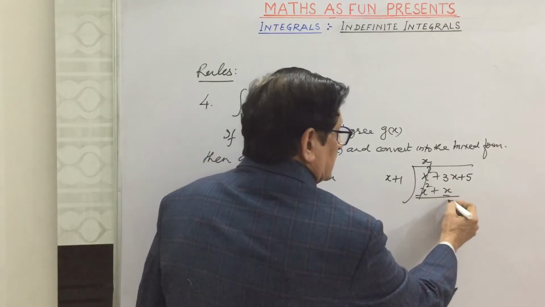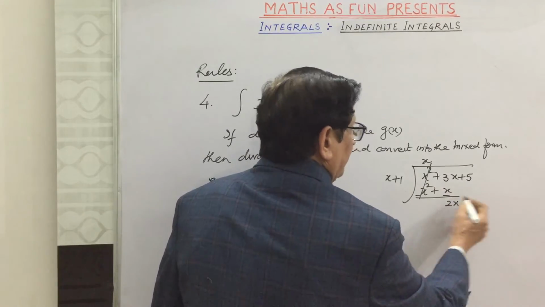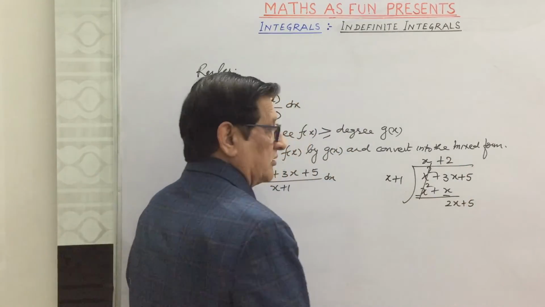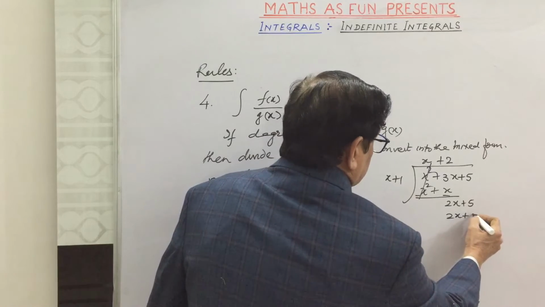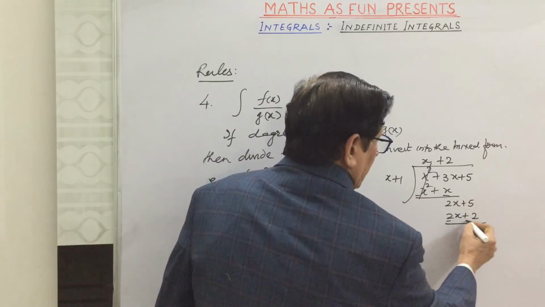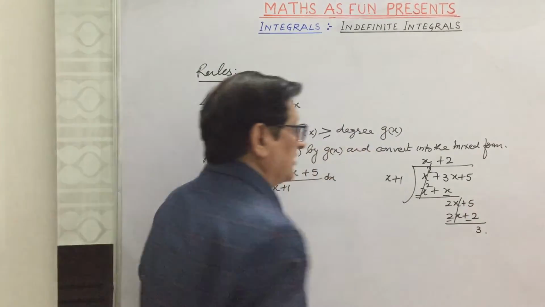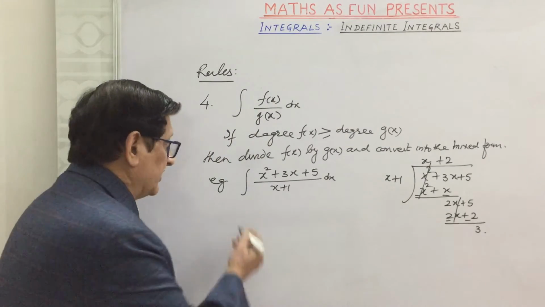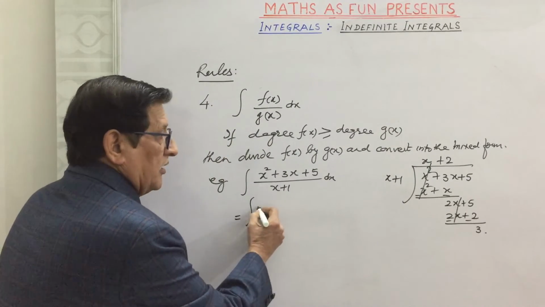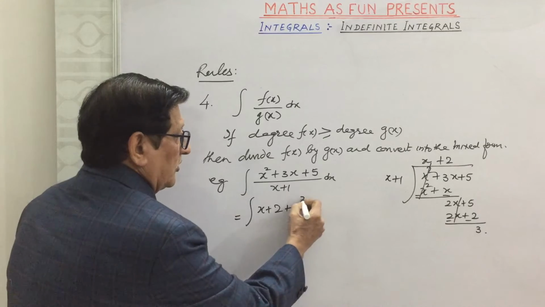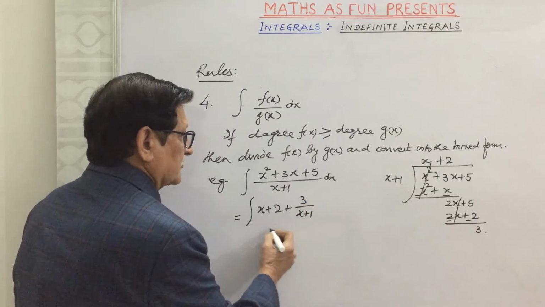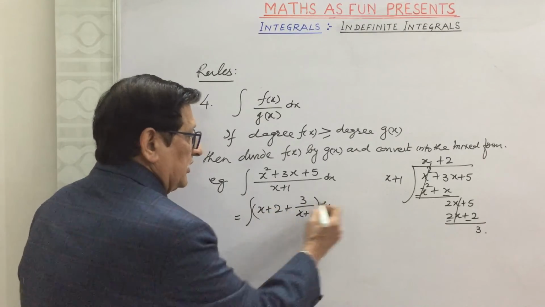Subtract them. This is coming 2x plus 5. It goes twice. 2x plus 2 minus, and we are left with 3. So we can write this as x plus 2 plus 3 upon x plus 1 dx.